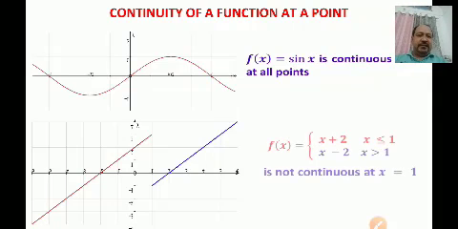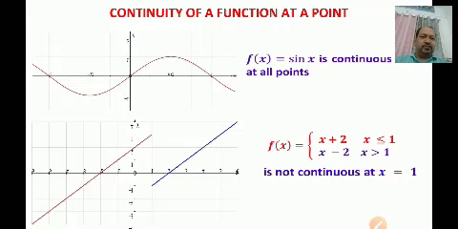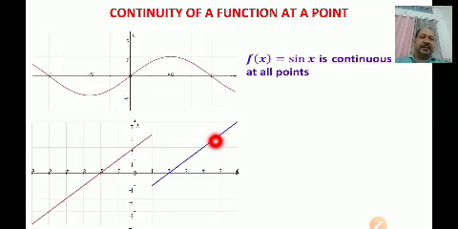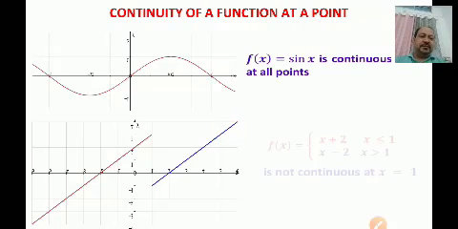In the second graph, it is not continuous at x equal to 1, because when x is less than 1 the definition of the line is different, and when x is greater than 1 the definition of the line is different.